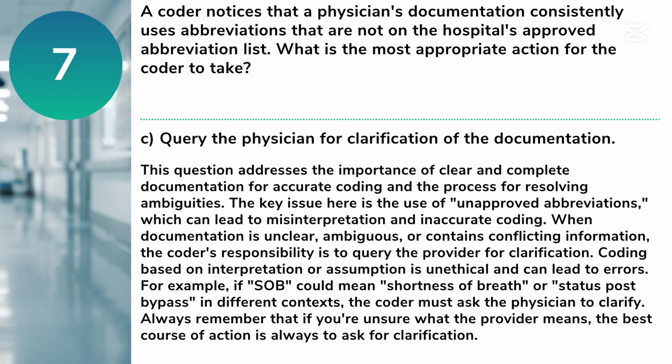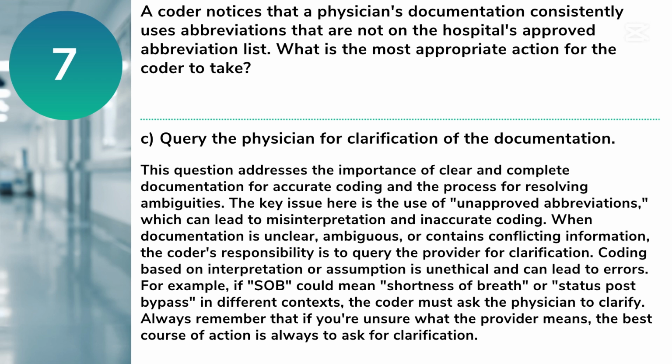Answer: C. Query the physician for clarification of the documentation. This question addresses the importance of clear and complete documentation for accurate coding and the process for resolving ambiguities. The key issue here is the use of unapproved abbreviations, which can lead to misinterpretation and inaccurate coding. When documentation is unclear, ambiguous, or contains conflicting information, the coder's responsibility is to query the provider for clarification.